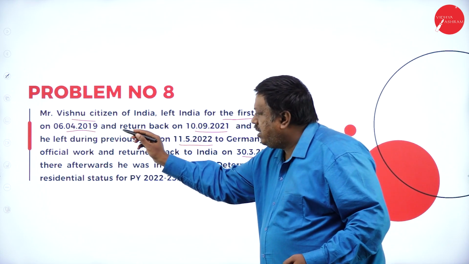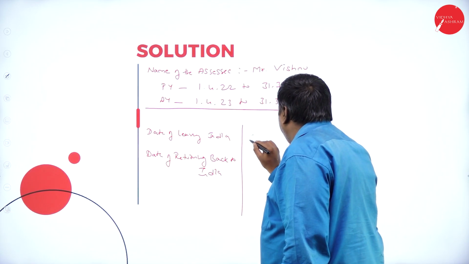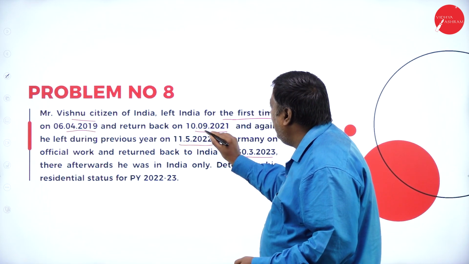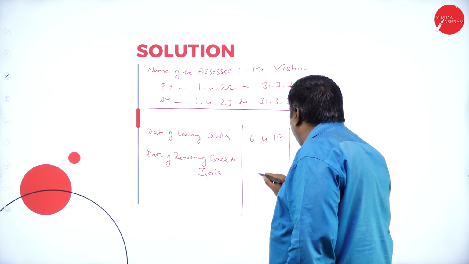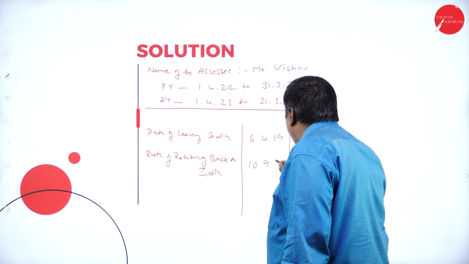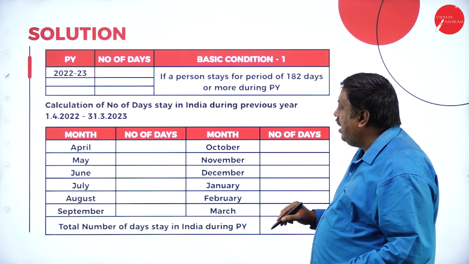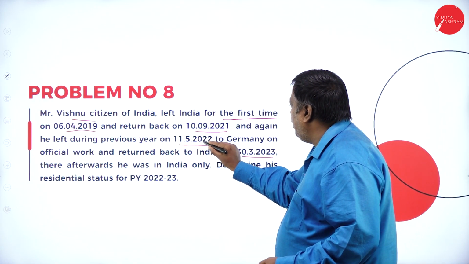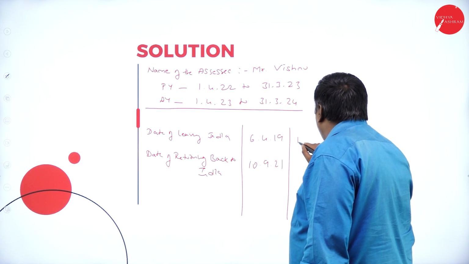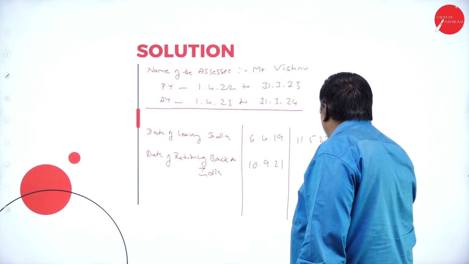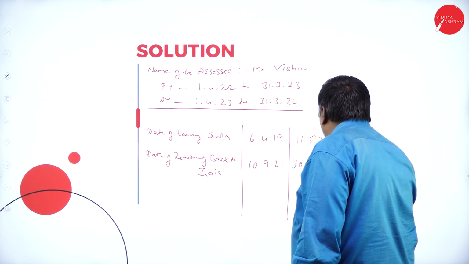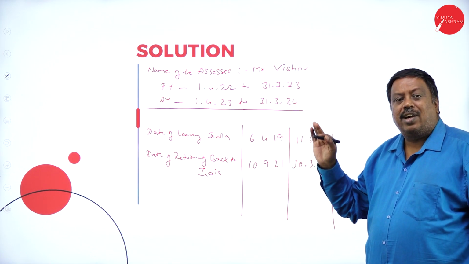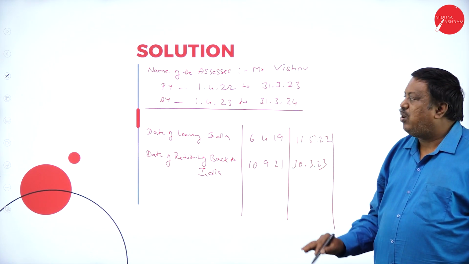When I left for the first time on 6th April 2019, I returned back on 10th September 2021. Again, I left India on 11th May 2022, and returned back on 30th March 2023. So now, based on this information, we have to identify the residential status of Mr. Vishnu.